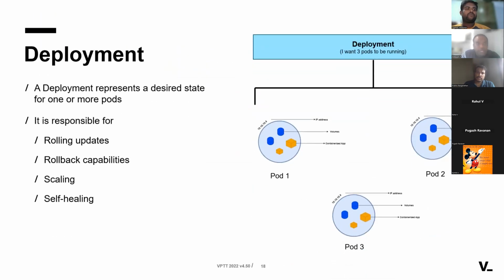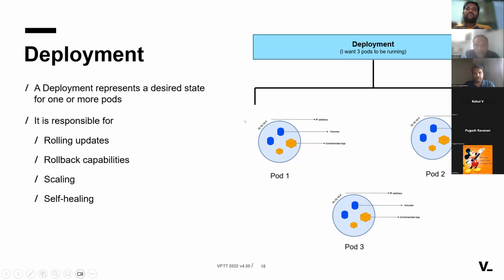The next one is going to be deployment. A deployment represents a desired state of one or more pods. Say, for example, if I have a deployment where I specify I need 3 pods to be running always, then Kubernetes will make sure this particular deployment will always be running 3 pods.